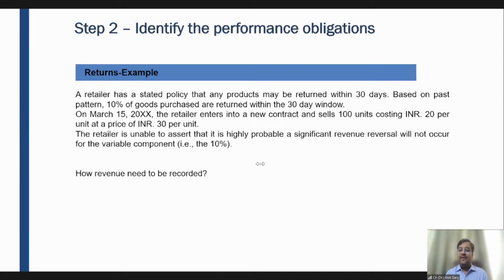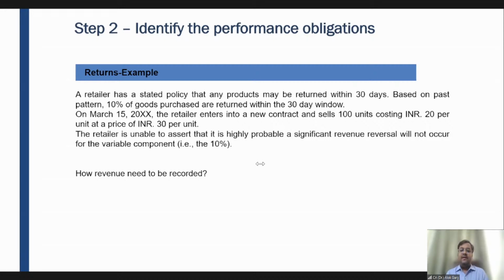So friends, the right thing is, on the basis of some best estimate, you have to recognize some percentage of revenue where it is probable that the return will not be there. Sir, but how will we know this in practice, if we are working in some industry or in the finance department of a company, how will we do it, right?